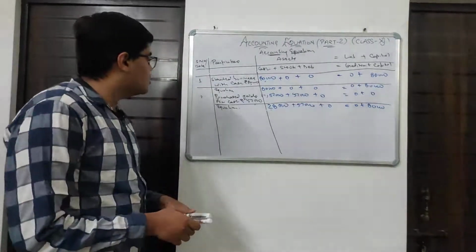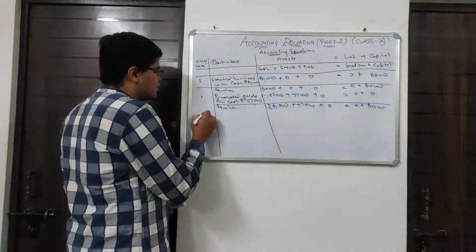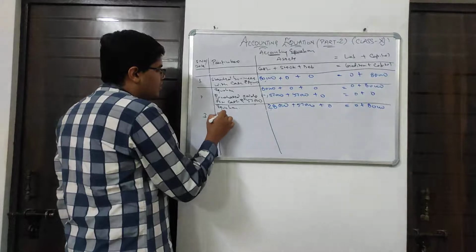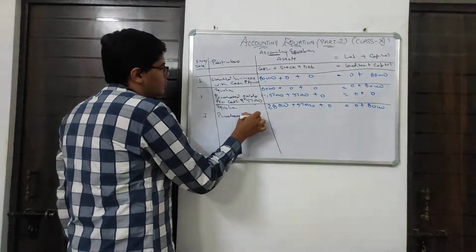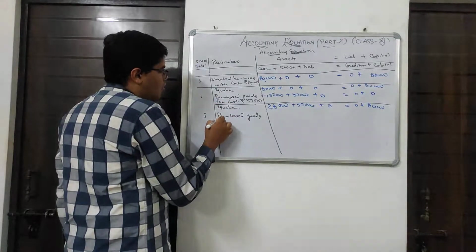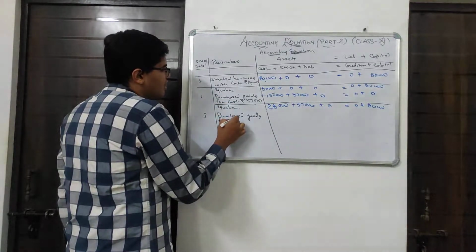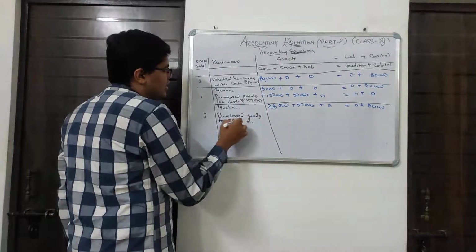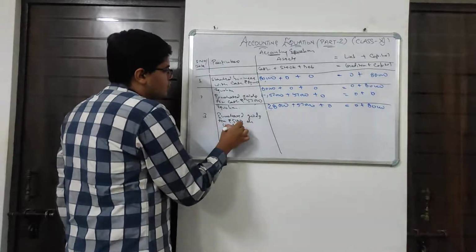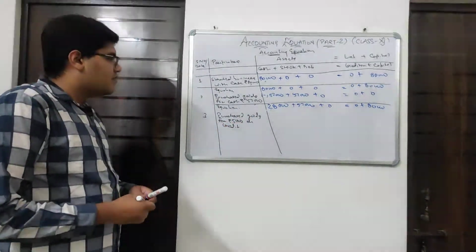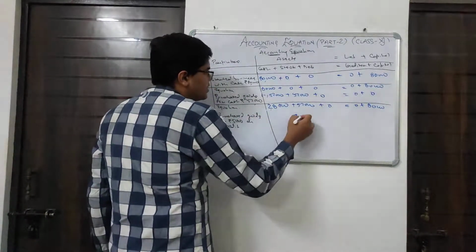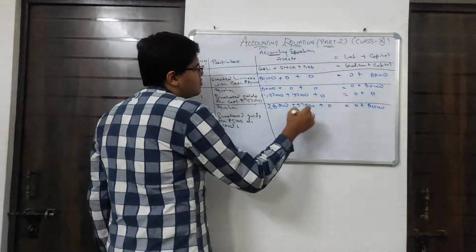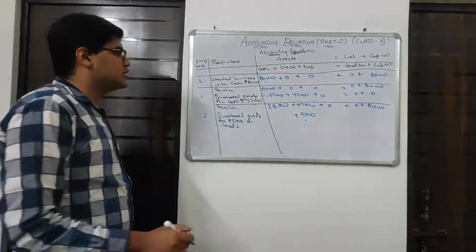So moving on to the third transaction, that is purchased goods for rupees 5,000 on credit. Since we are purchasing the goods 5,000 on credit, first of all the stock increases by 5,000 because goods are coming into the business.